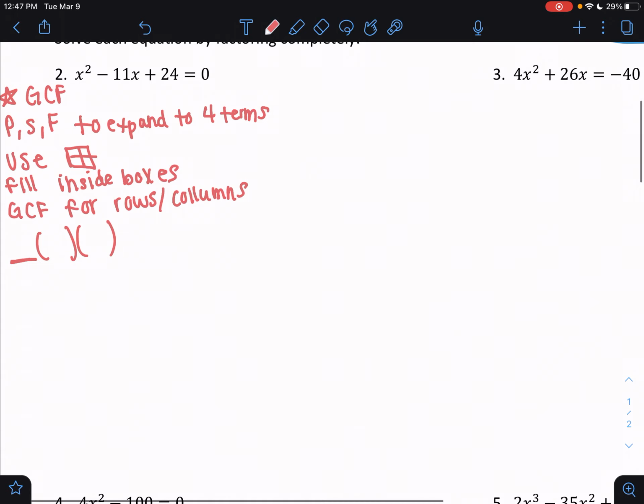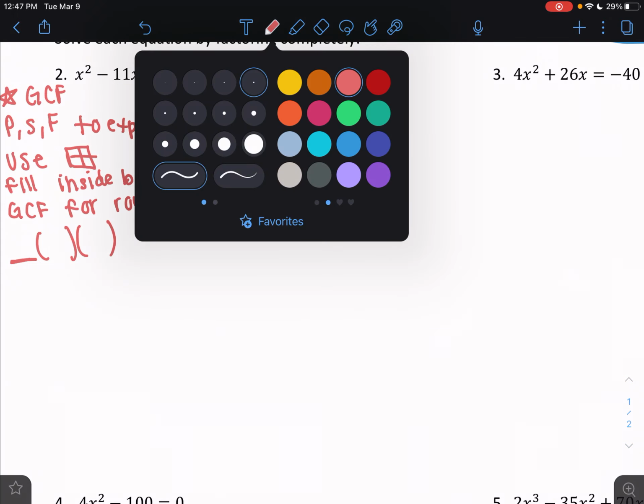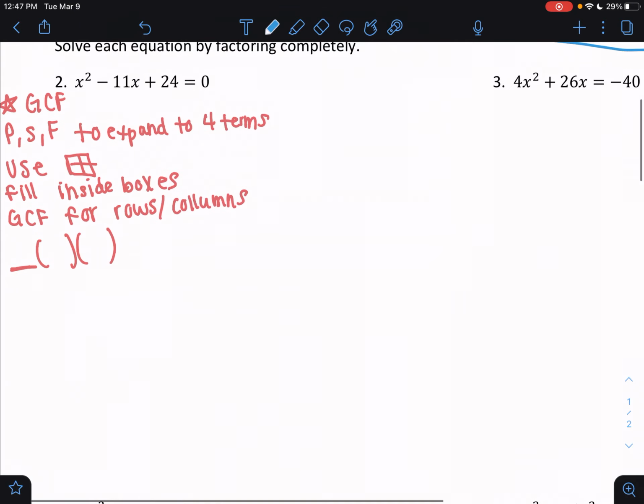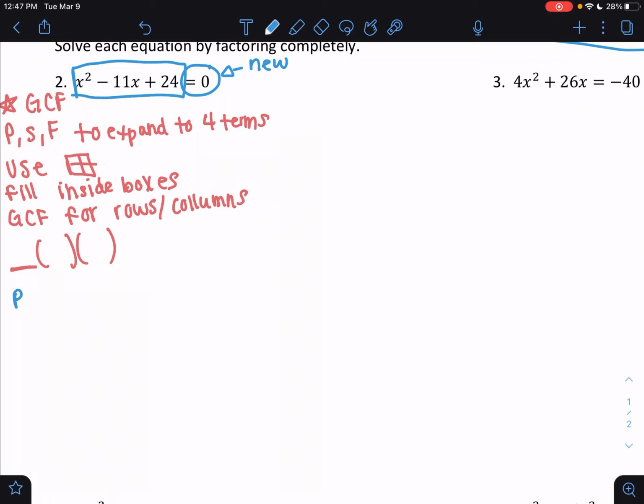And now we're going to apply that to this first problem here. The only thing that's really different and new about this is that it's set equal to 0. That's our only new thing. Otherwise, we're going to factor this the same way. So just looking at this problem right here, let's do our product, sum, and factors.